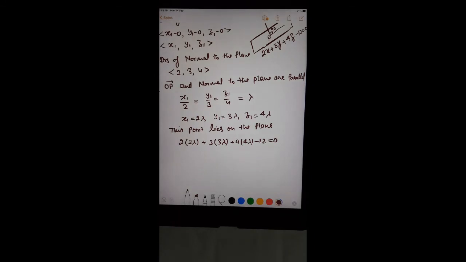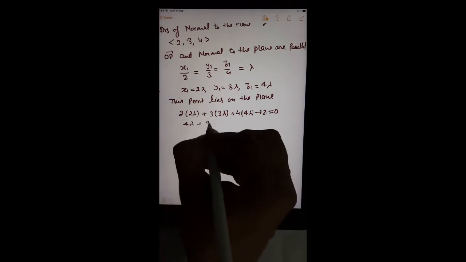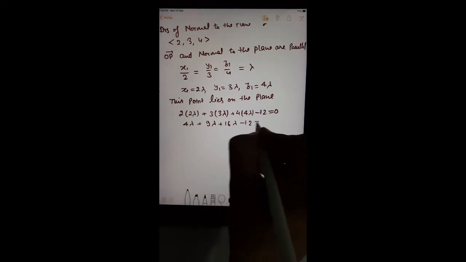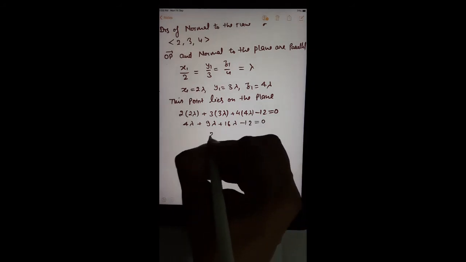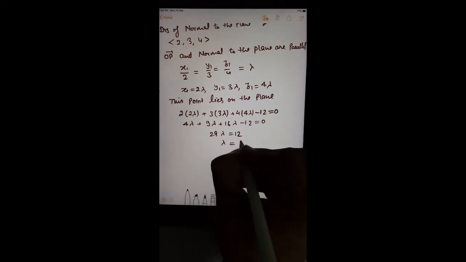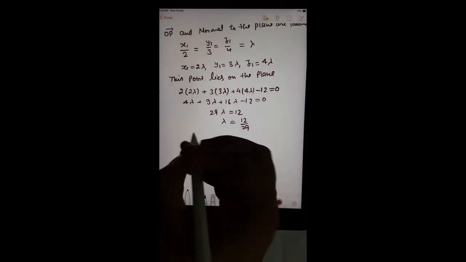Putting the value of x1, y1 and z1 in the equation of plane, we get 4 lambda plus 9 lambda plus 16 lambda minus 12 equal to 0. It is 29 lambda equal to 12, then lambda is equal to 12 upon 29. So this is the value of lambda.